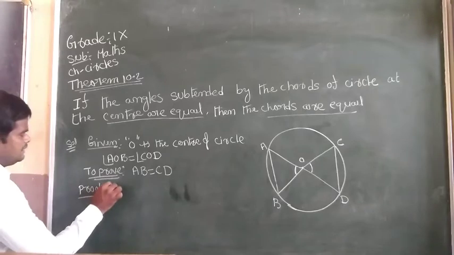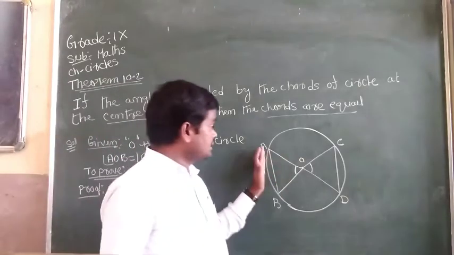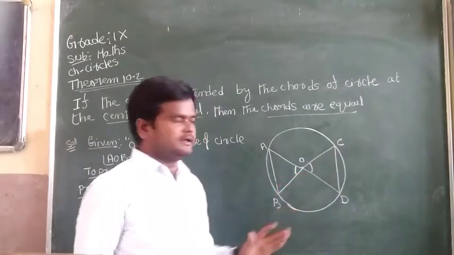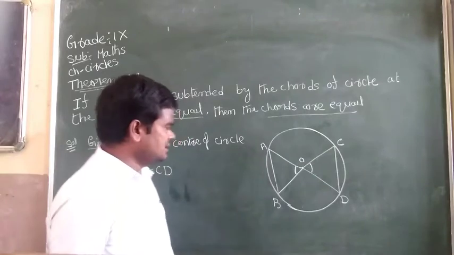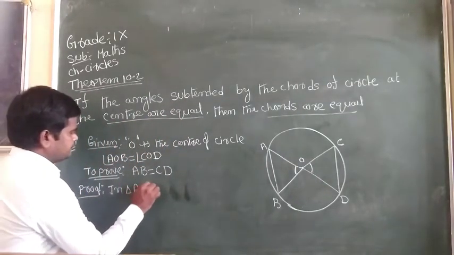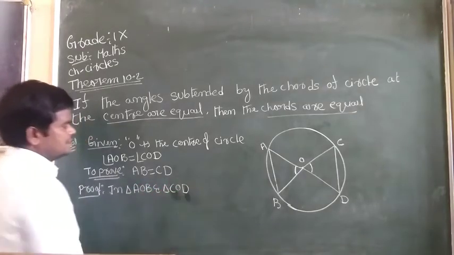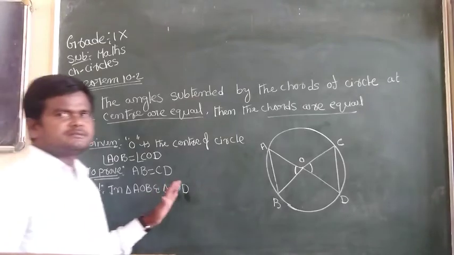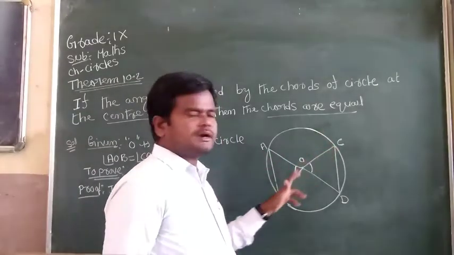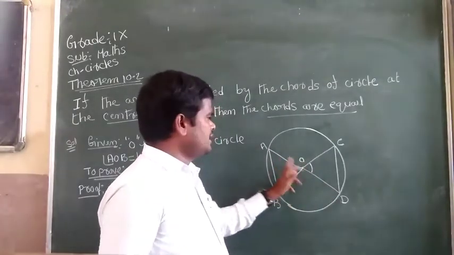In triangle AOB and triangle COD, take these two triangles. AO equals OC.